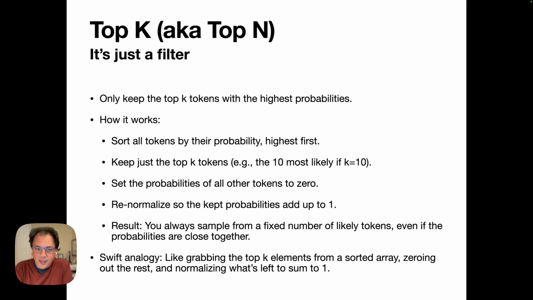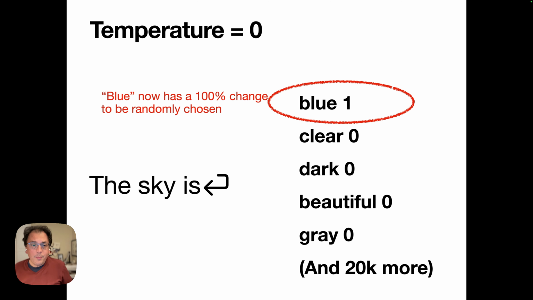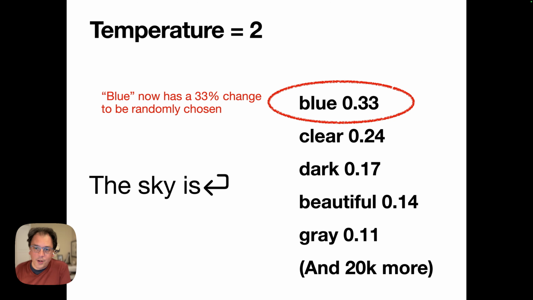So, for example, if K equals 1, that's actually the same as temperature equals 0, because the most likely next token will only have the value one.